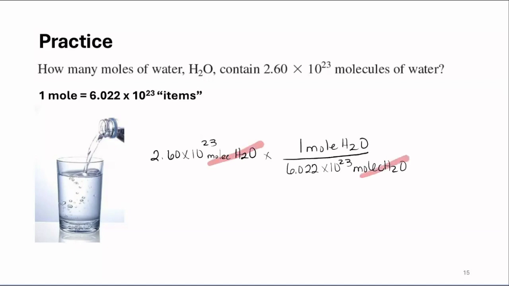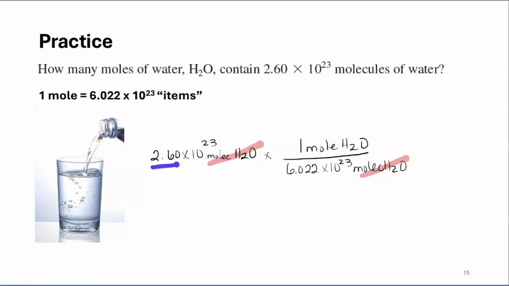So when I plug in my calculator 2.60 times 10 to the 23rd, and I divide it by 6.022 times 10 to the 23rd, my calculator display shows me 0.43175 and then a series of digits.